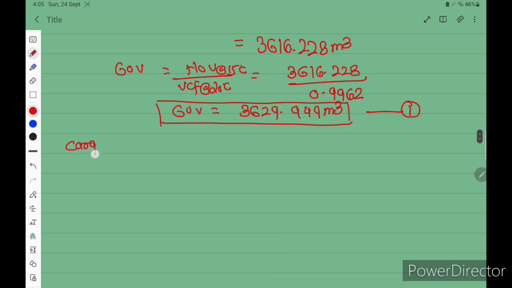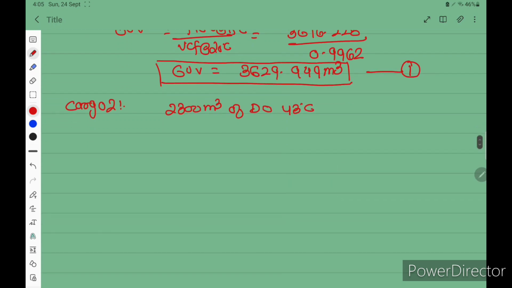Now the second cargo we have to solve. This is given in meter cube of diesel oil at 43 degrees centigrade. So the volume correction factor at 20 degrees centigrade, relative to 15 degrees centigrade, is equal to 0.9961.